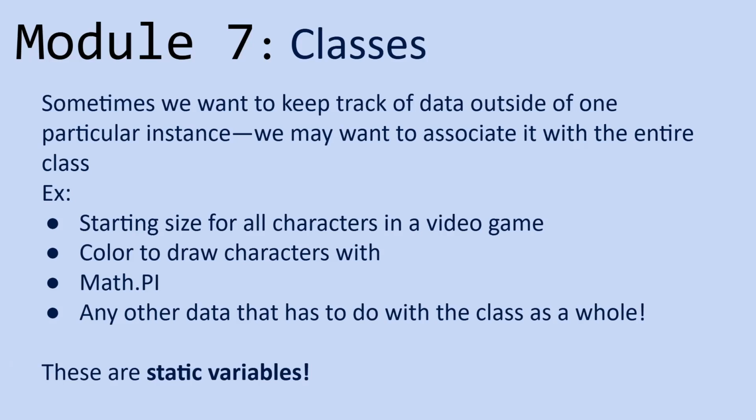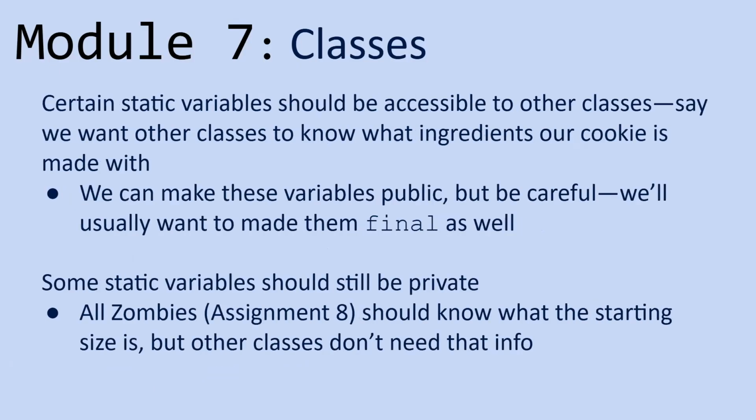Cool. And then these would be static variables. I also mentioned static methods, like math.random, because that's the whole math class. That's not the best example because it doesn't really make sense to make an object of the math class. But yeah, these are all examples of static variables.